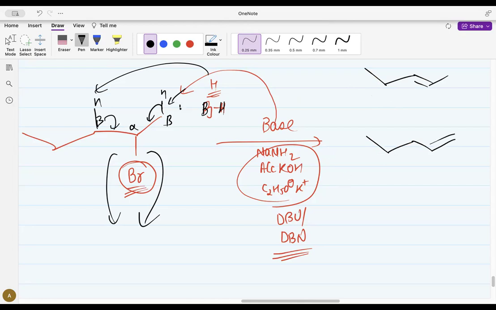If it takes from one, it will make this product. If it takes from two, it will make this product. See.